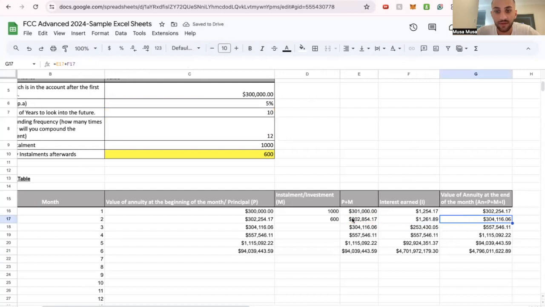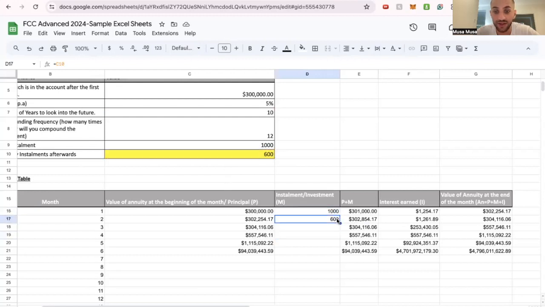This one's fine. This one, see how here says the monthly installment is 600, but when I dragged down, it kept putting zeros. Why did it not know to keep putting 600? Because right now it's taking C10, which means in the next row it will take C11, and in the row after that it will take C12. But C11, C12, C13, C14 are all empty.